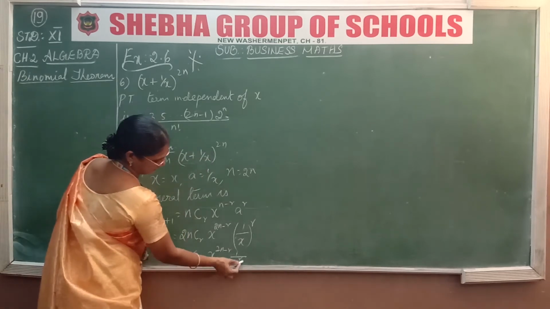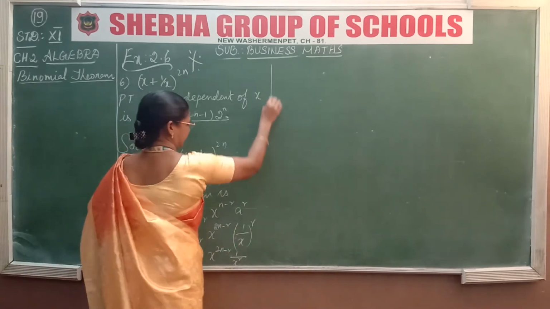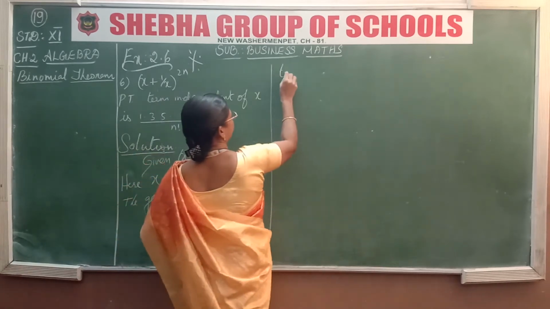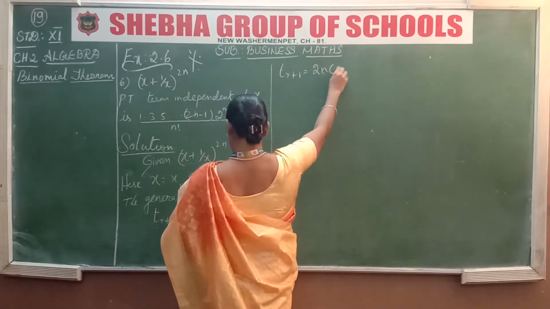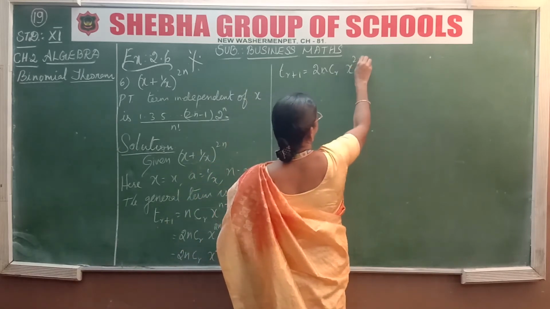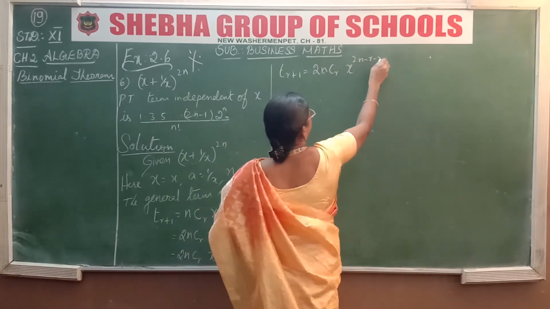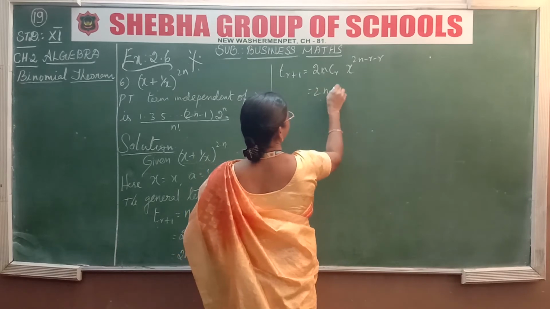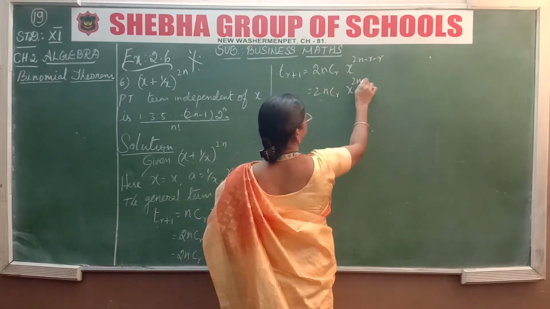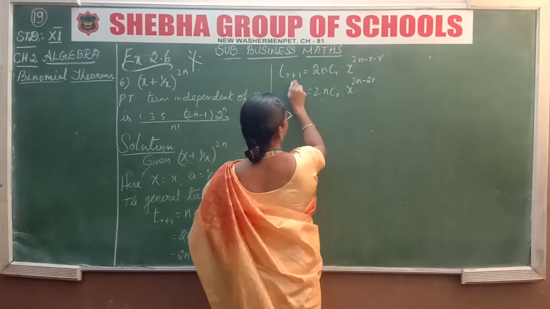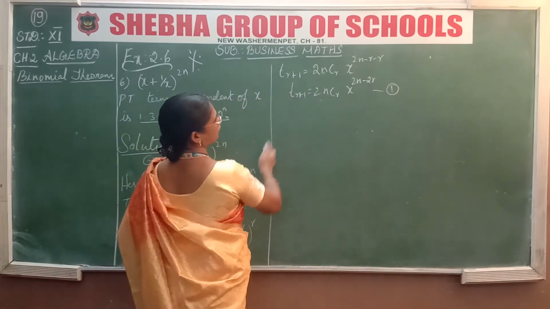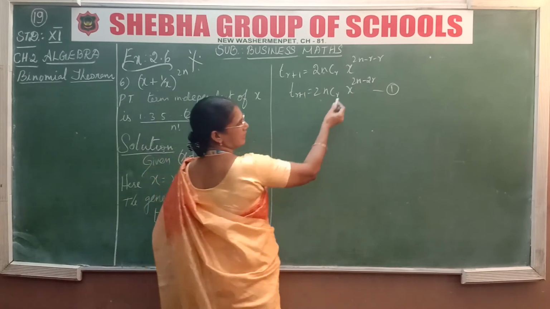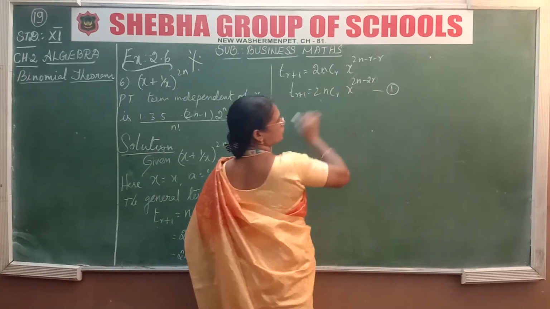Now bring this x power r to the numerator. We get our left hand side T r plus 1 is equal to 2nCr x power 2n minus r and minus r, that is 2nCr x power 2n minus 2r. Now this is our first equation. So to find the independent of x, we have to equate this power to 0.